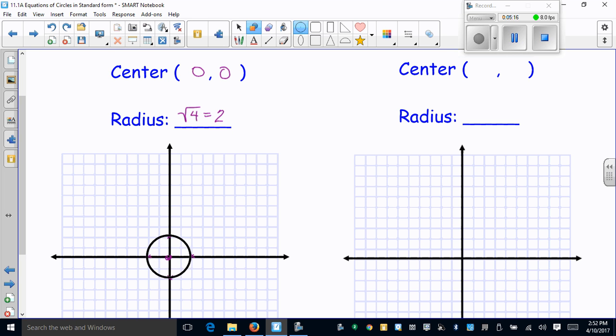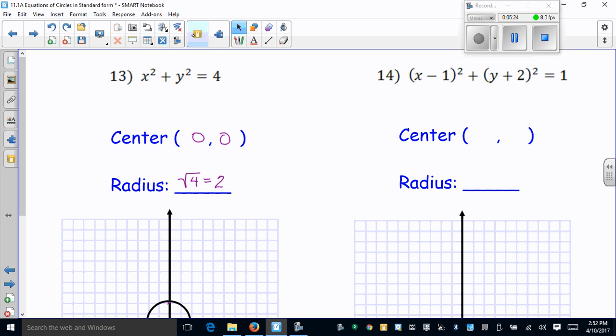Okay, so next one, x minus, so my x value is 1. Remember, this is y minus a negative 2. So this is going to be negative 2. And the square root of 1 is simply 1. And then we plot our points. Center is at 1, negative 2, so it's down here.